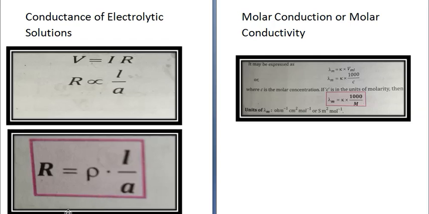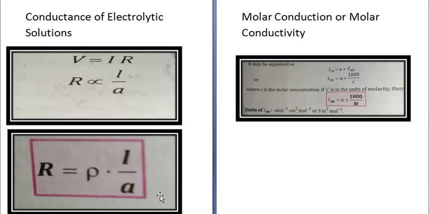Now, the ratio l upon A is known as the cell constant. Again, conductance is equal to 1 upon R. Conductance is the reciprocal of resistance.